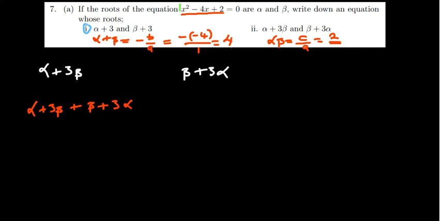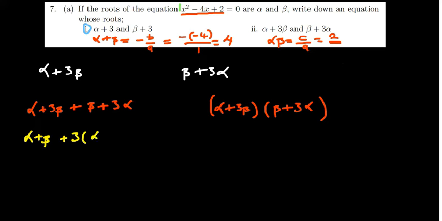We also have to multiply them: alpha plus 3 beta multiplied by beta plus 3 alpha. So they have to be in the form of addition and then multiplication. There I can factor out 3, so I have that.